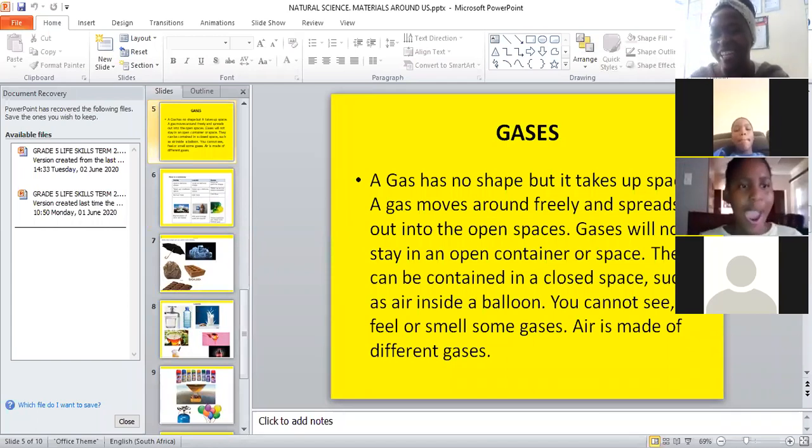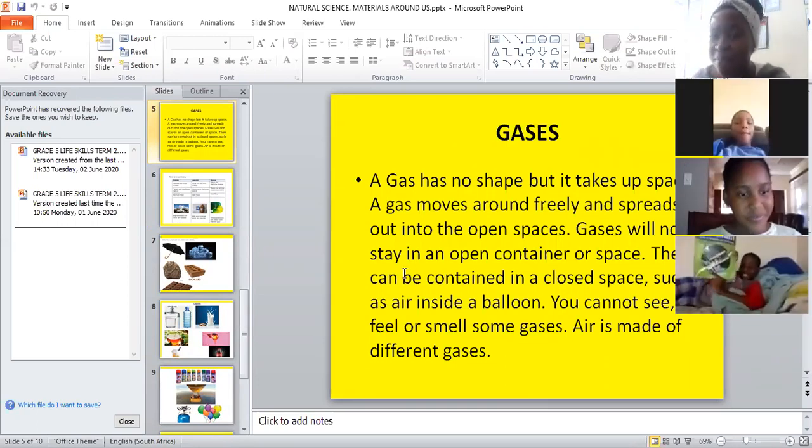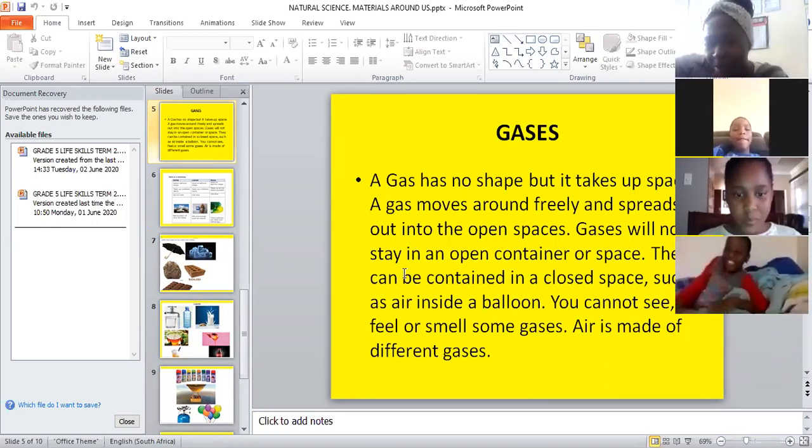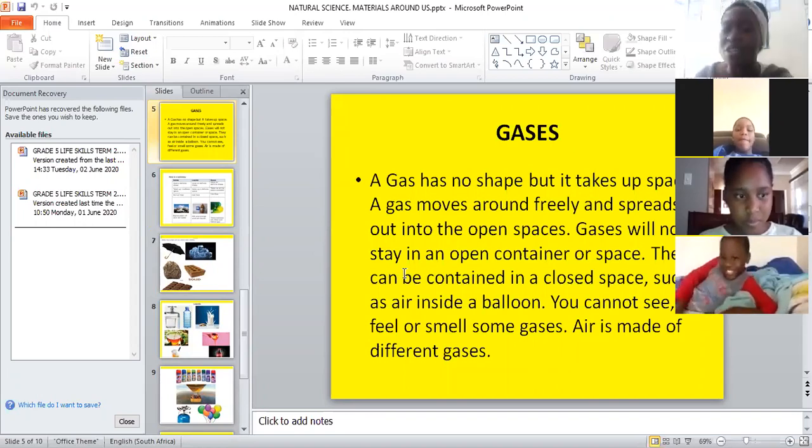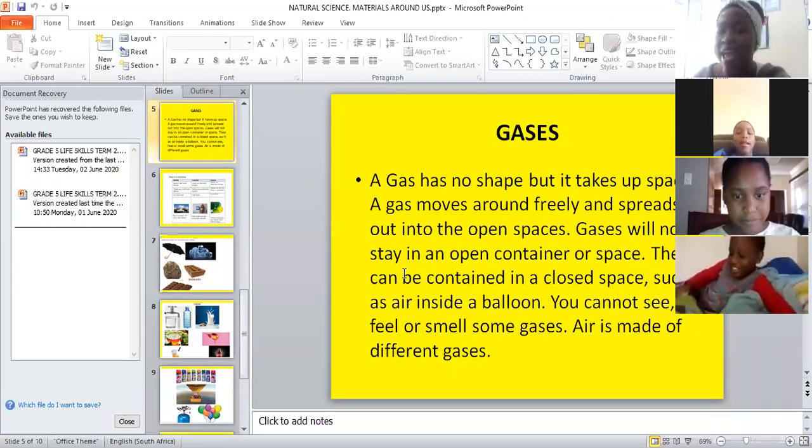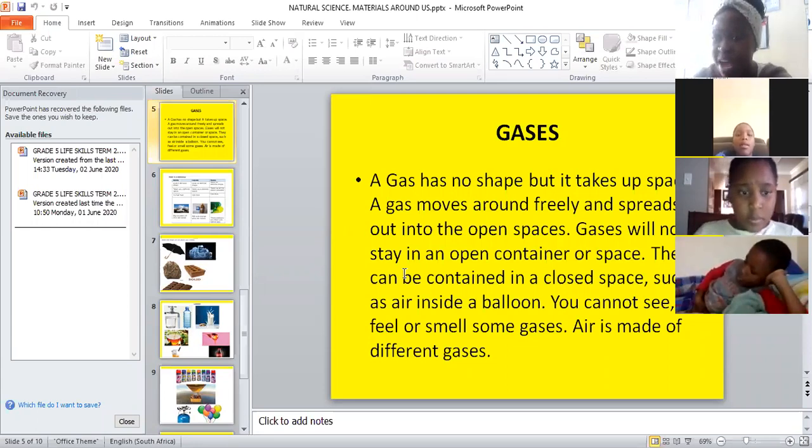Okay, so like I told you, a gas has no shape. A gas has no shape, but it takes up space, and a gas moves around freely and spreads out into the open spaces. That's why sometimes when you pass air, people can hear and say, that's part of gas, né?